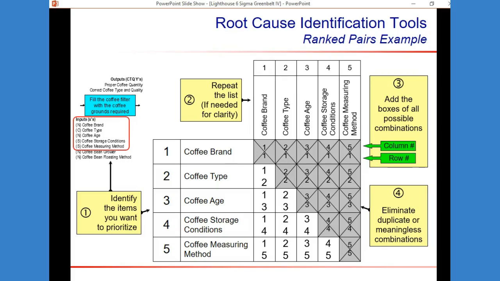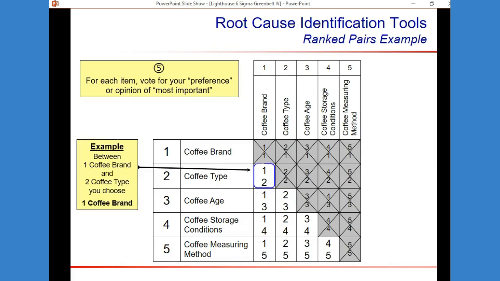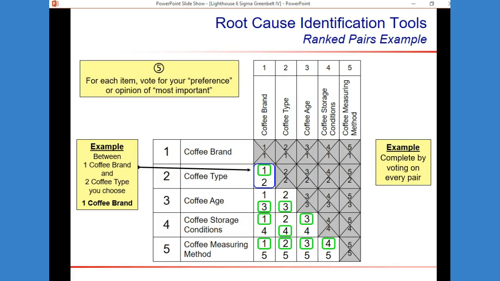So what you do at that point is go in and say, of coffee type and coffee brand, which one's more important to what I think? So each person in the group would have one of these and would go in and cast your vote, basically. You know, who do I kick off the island? So you go in and you cast your vote all the way through. And say, well, which one do I pick?